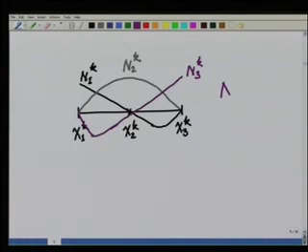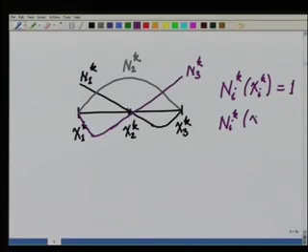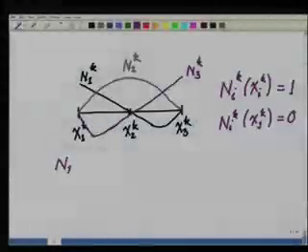So what we can write in short is N_i^k at the point x_i^k is equal to 1, and at all other points j it is equal to 0. This property is what we want to have for this function. So if I want to construct N1 of k with this property such that N1 of k is 0 at the points x2 of k and x3 of k, how will I form the function N1 of k?